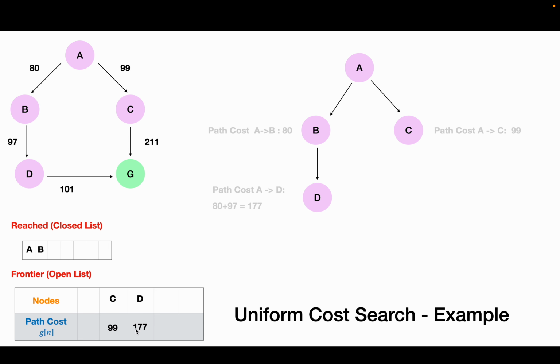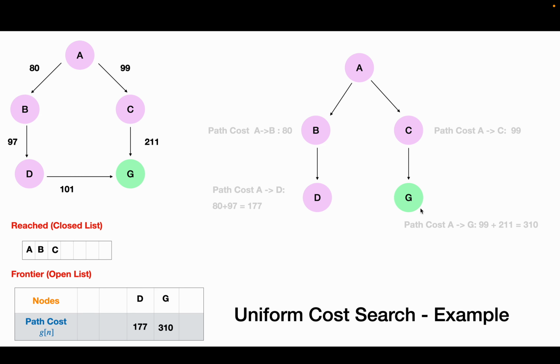As of now, the next node to be pursued is C, because it has a path cost of 99. So this will be placed in the closed list, and its children are generated. As you can see, G is the child of node C. The path cost incurred for node G is 99 plus 211, which is equal to 310.